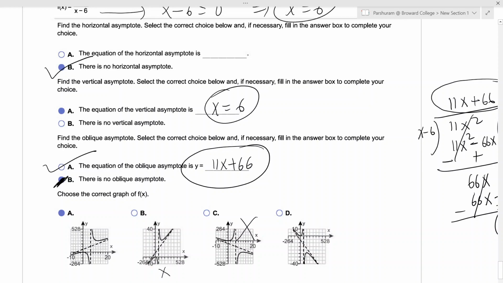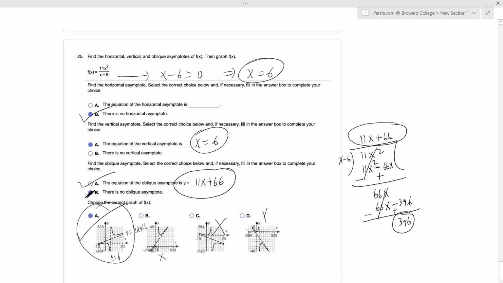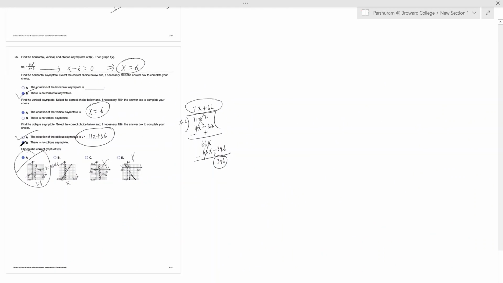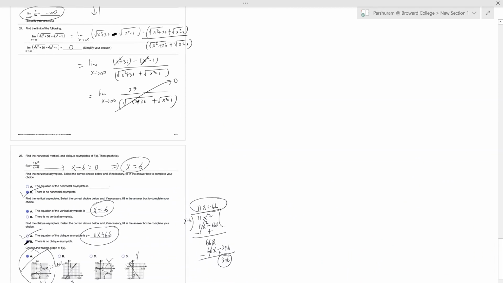And here this is also not right because this line is not y equal 11x plus 66. So this is the only possibility we have. So this is the answer. Because of this x equal to 6 vertical line and y equal 11x plus 66 line, this is our right choice.